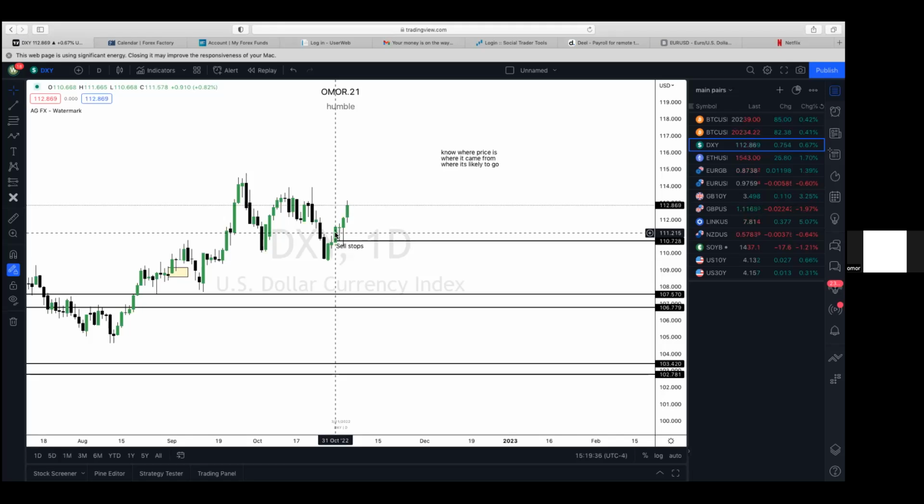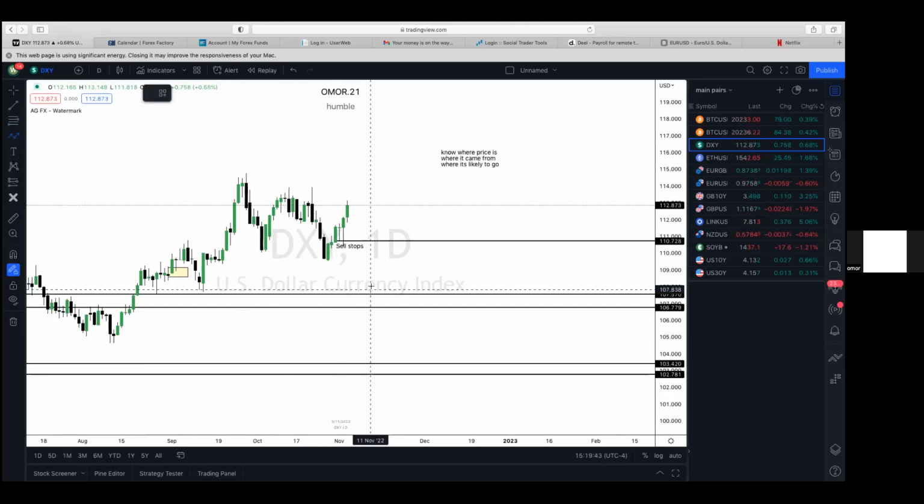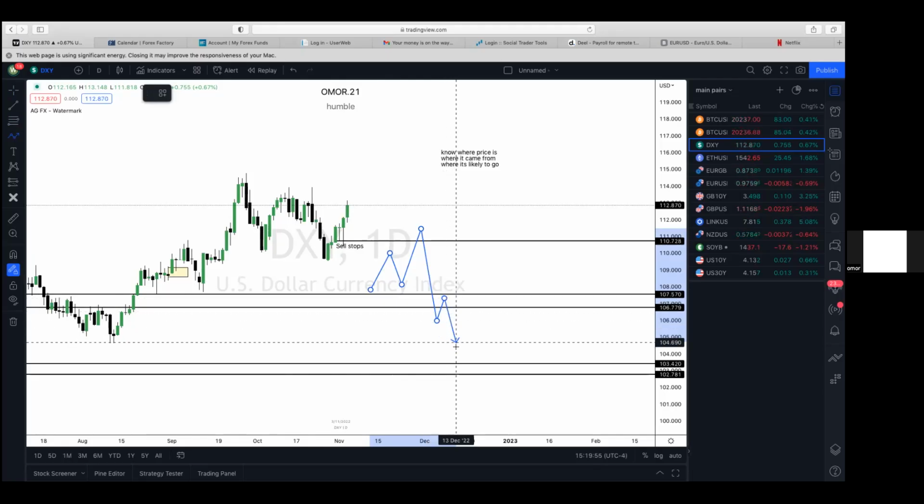The OTE cheat sheet is basically like this. Let's say it's a bearish market, you have a high here, then you run it, and then you have a low here, and it just moves lower.